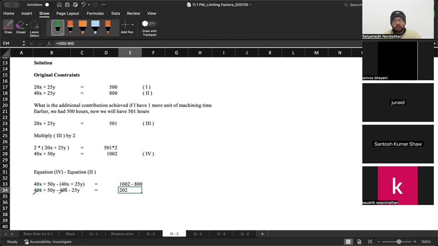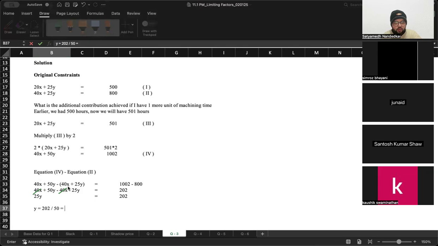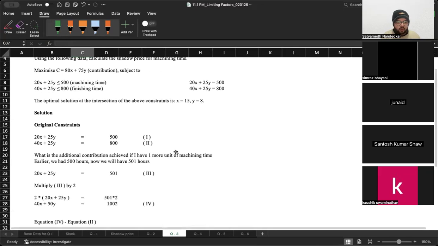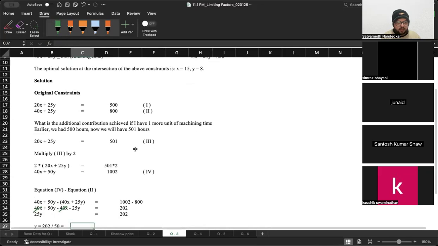40x, 40x cancel. What are you left with? You are left with 25y. 25y equal to 202. So that means y will be equal to 202 upon 50, and 202 upon 50 gives me how much? Did we do it right? Did we subtract the correct numbers?